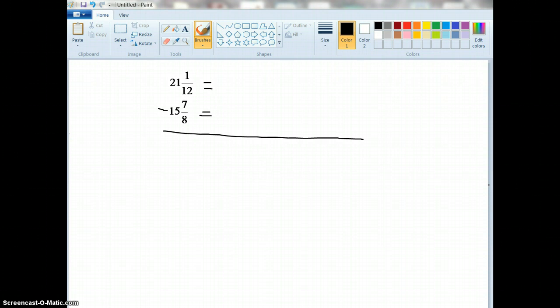So for this example, among 8 and 12, the least common denominator is 24. So we'll bring over our whole numbers, with 24 as our new least common denominator.